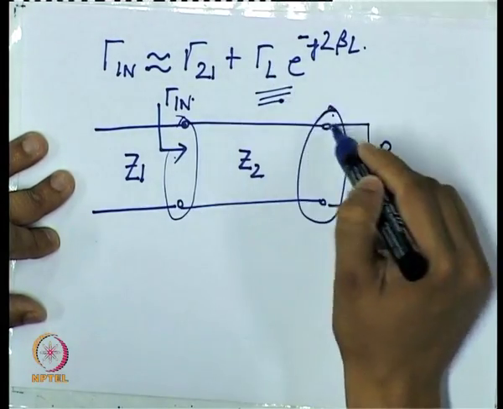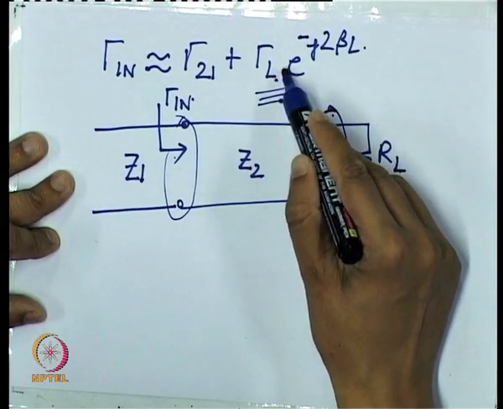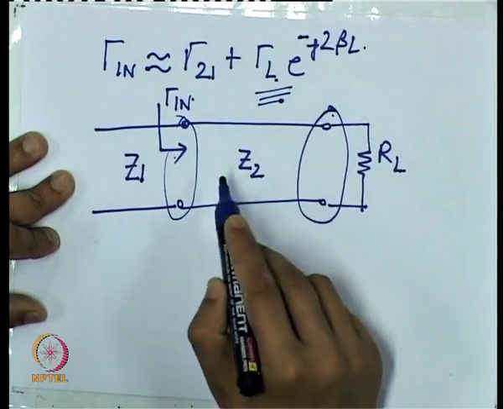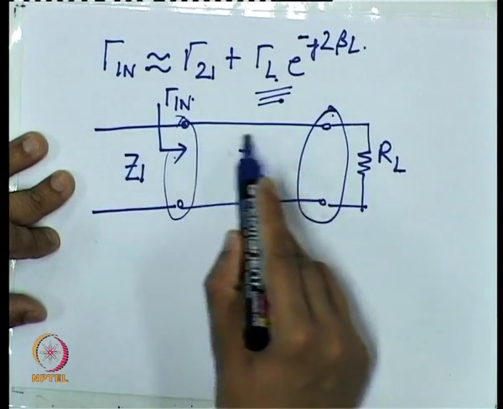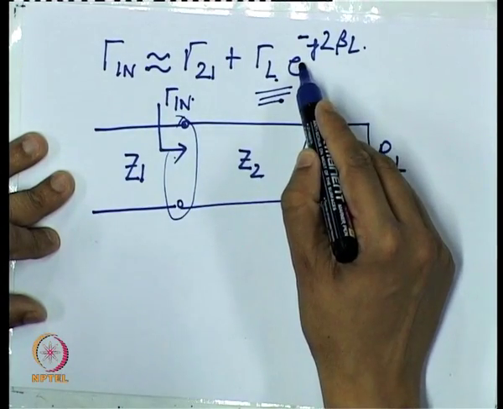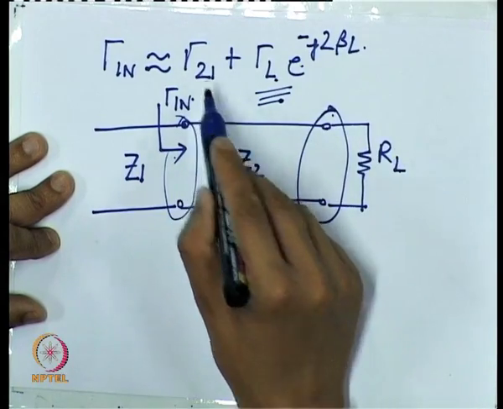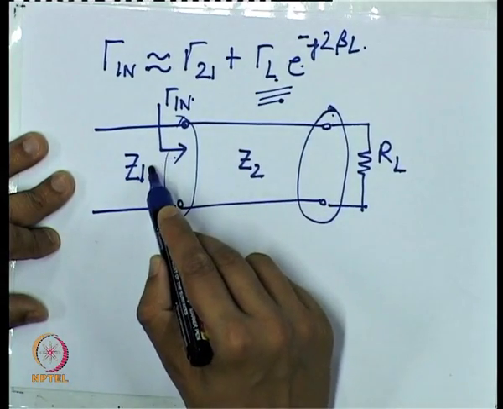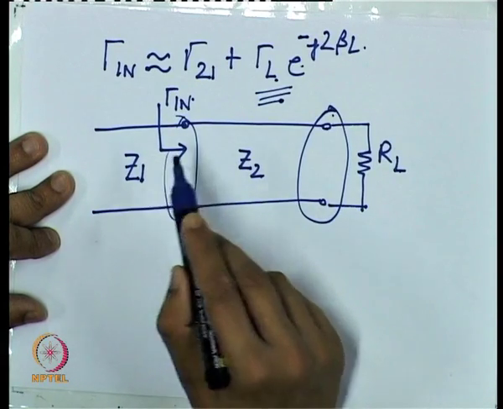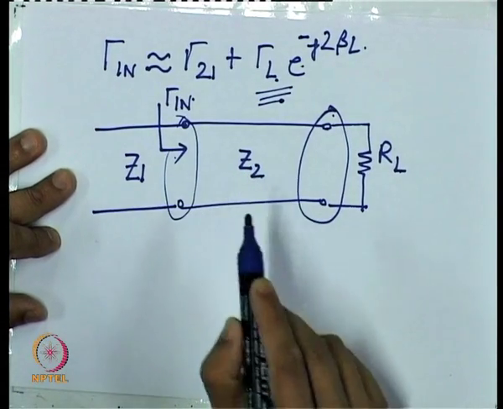Now, this expression is well known. We saw that the reflection coefficient is phase shifted by twice the amount of phase shift provided by a transmission line, and that comes from theory. And gamma 21 is simply the mismatch factor between this transmission line having characteristic impedance Z1 and this transmission line having characteristic impedance Z2.